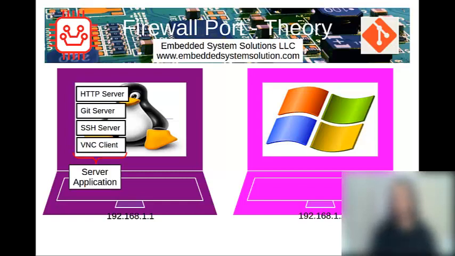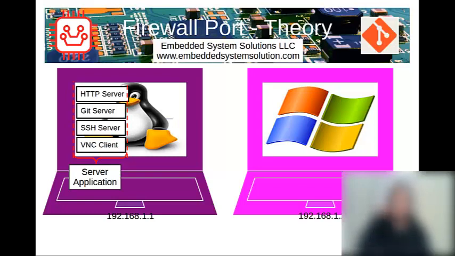And so each one of those server applications, because they're accessing the world, has an associated port number. If you notice, every time you install these server applications or client applications that want internet access, one of the questions during the installation process is which port number you want the application to use.